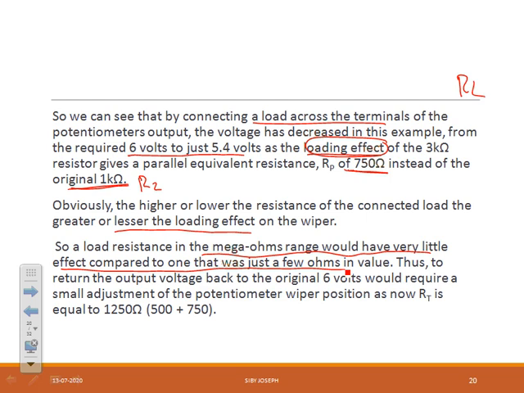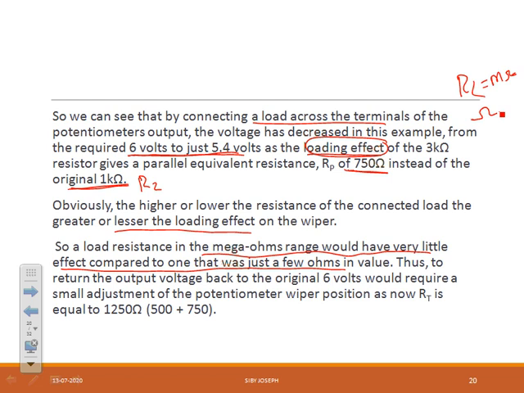That means if the load resistance is some mega ohm value, there is only a small change, and we get almost 6 volt. And if it is only in ohms, then the value is entirely different. It is a great change in the output value. So this is the loading effect of the potentiometer.